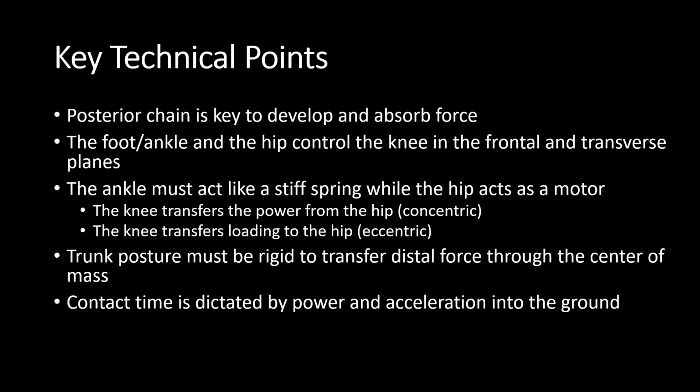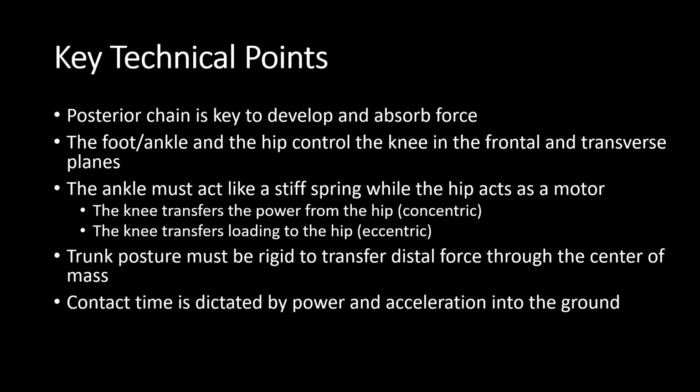The contact time in a plyometric is dictated by your ability to produce power and the acceleration onto the ground. So the more power you can produce with your musculature, the shorter your ground contact time can be. You will also extend your ground contact time the higher your acceleration is towards the ground.